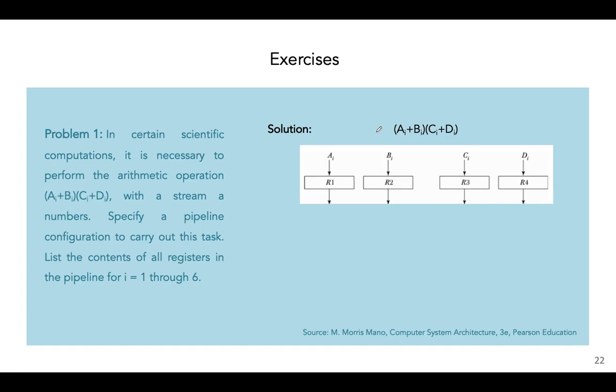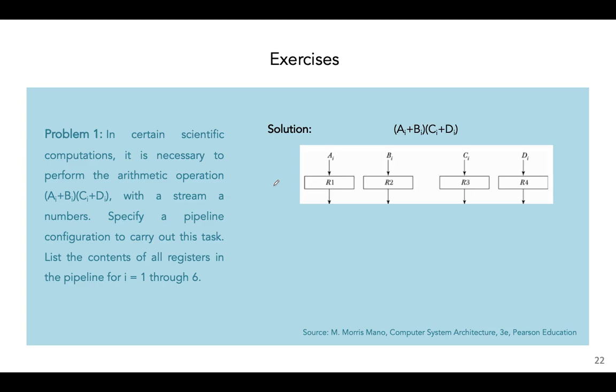From the beginning, you can see that we have 4 variables A, B, C, and D. So definitely you're going to need 4 registers. So let's just put all 4 registers for each of these inputs. These registers will receive these inputs, right? This is segment 1, the very first stage of your pipeline.